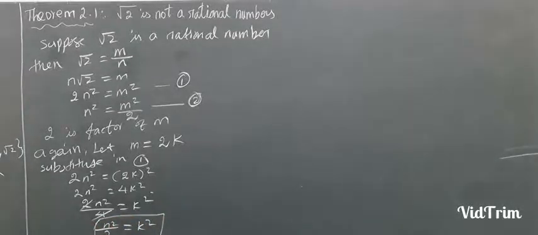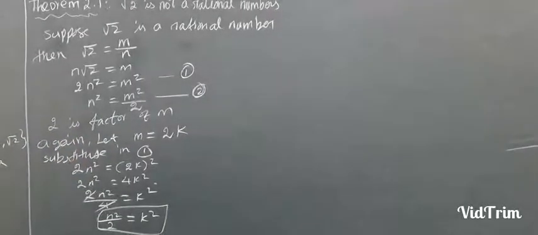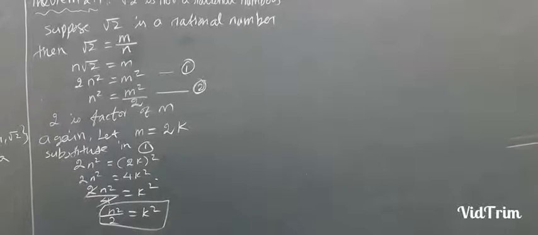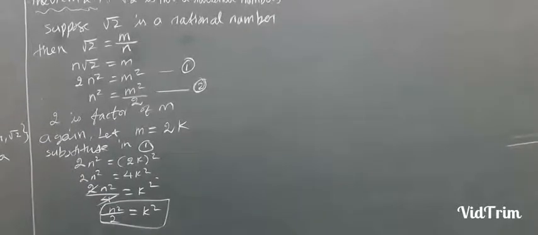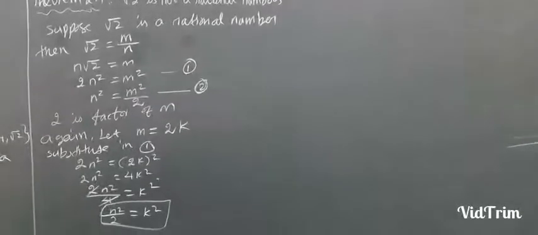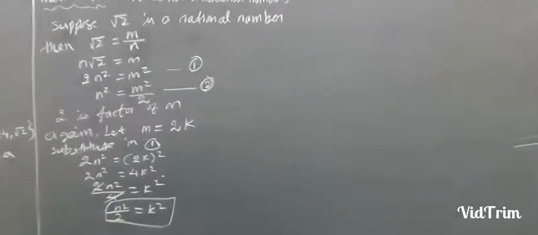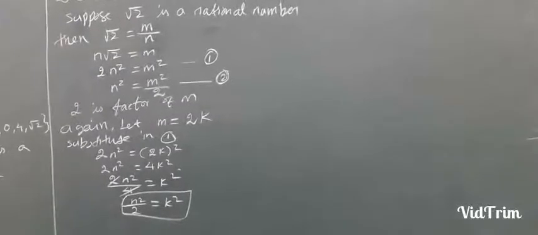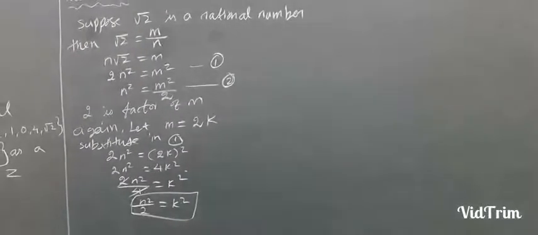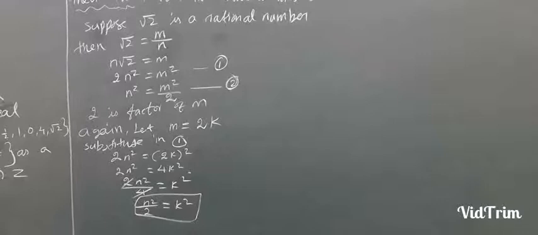Before, in the second step, we said 2 is a factor of M. Now I denote 2 is a factor of N. Look very clearly, both are different. There M by 2, now N by 2. That is very important.